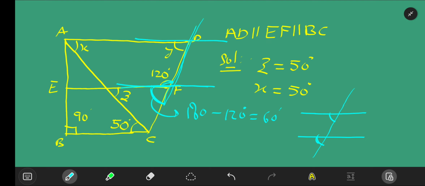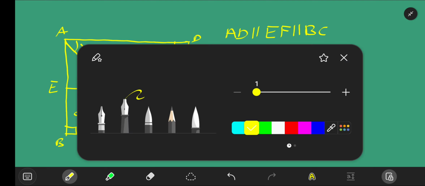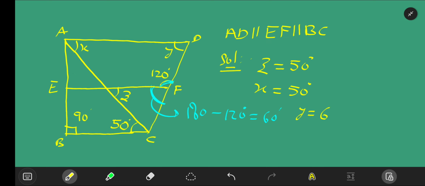Now this angle, this y, is equal to this EFC angle, which is 60 degrees. So y is also equal to 60 degrees. So write that here: Y is equal to 60 degrees. Okay, understood this problem? This is the way of solving this type of questions.